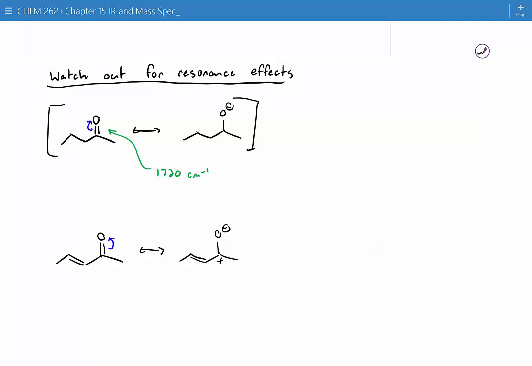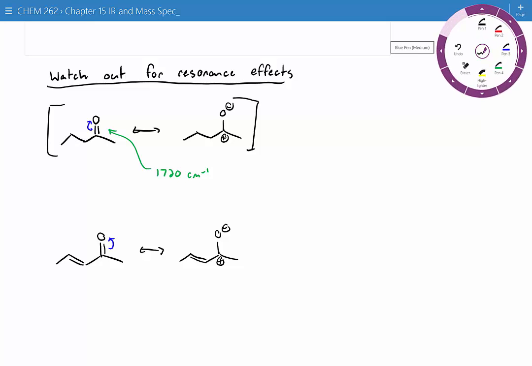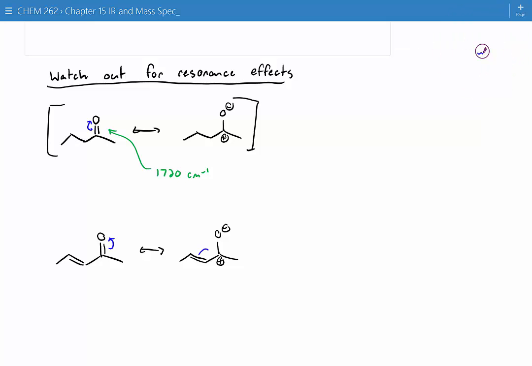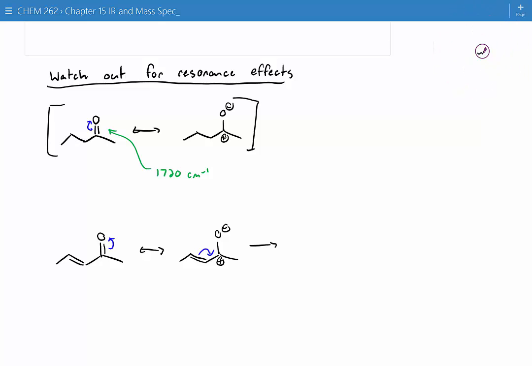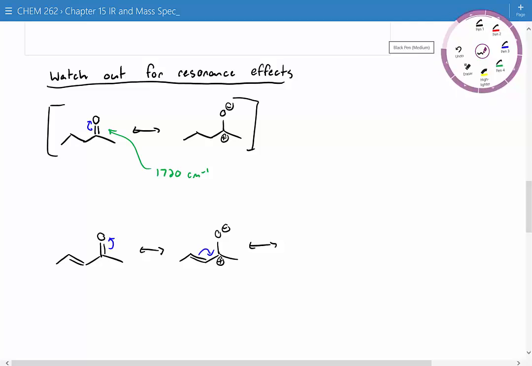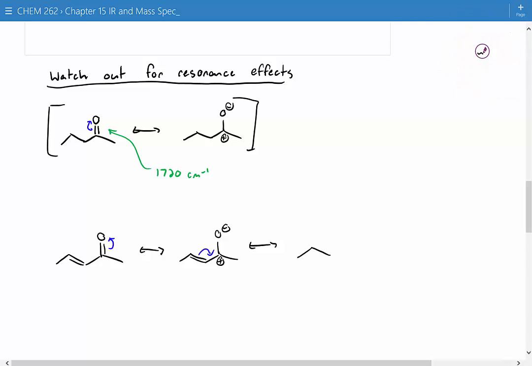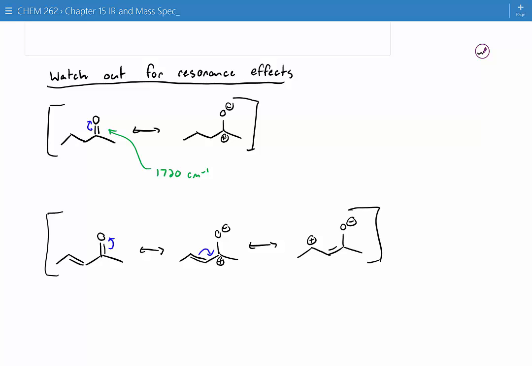Now this carbon's got a positive. Whoops, I forgot my positive up there. And then we have one more resonance structure where this double bond can actually go over and delocalize. When we look at this structure, we've moved the double bond there. This oxygen still has a negative charge. This carbon has a positive. And you can say, all right, now there's 3 resonance structures.